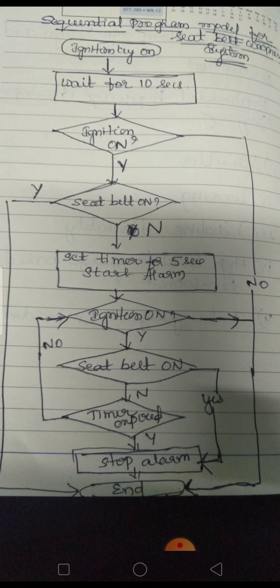that is, FSM modeling. Then I will go with the next type of modeling, that is the concurrent communicating process model. What is this concurrent or communicating process model? It models concurrently executing tasks or processes.